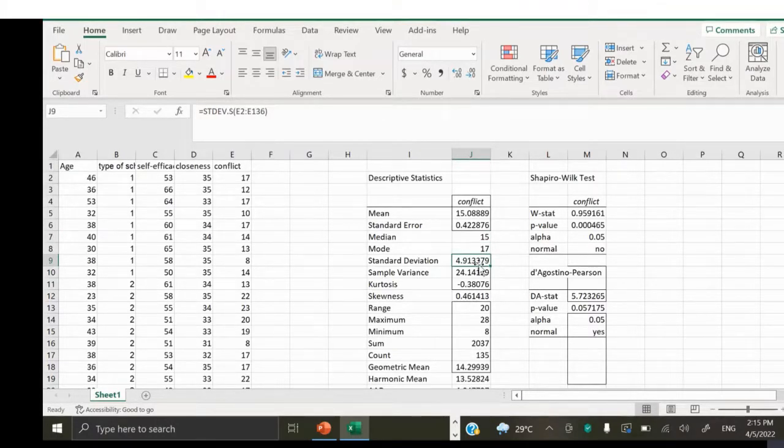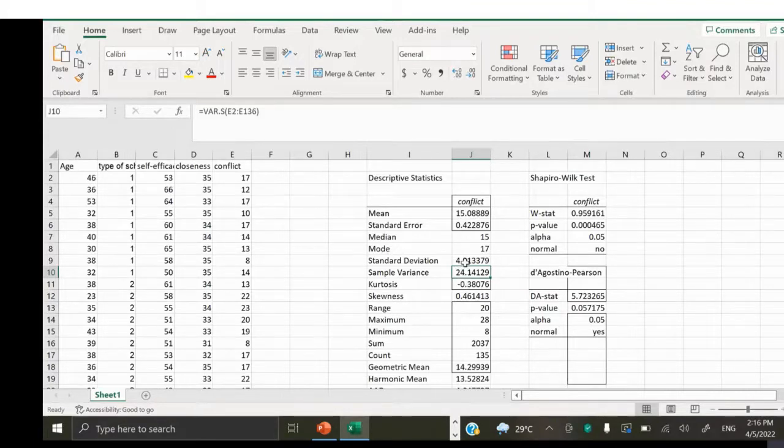And then we have here the standard deviation. The standard deviation is 4.91. This would indicate how spread the scores are. And the sample variance is 24.14. Now, the sample variance is just the square of the standard deviation.